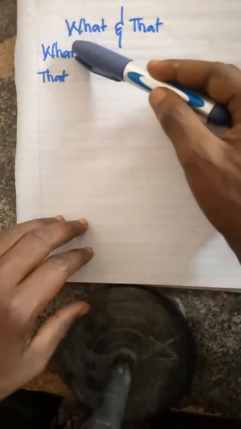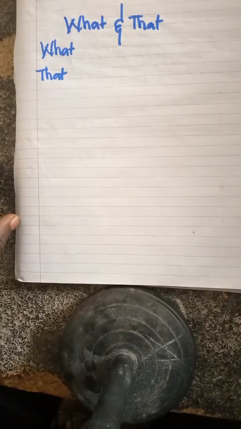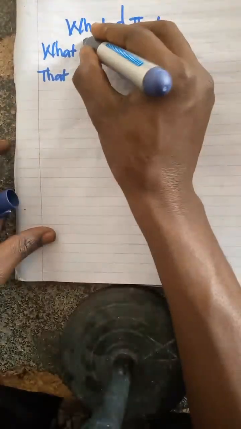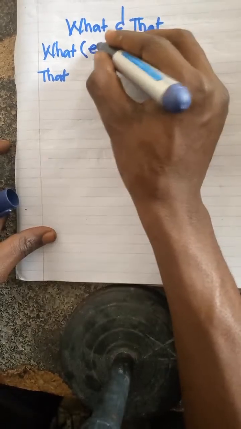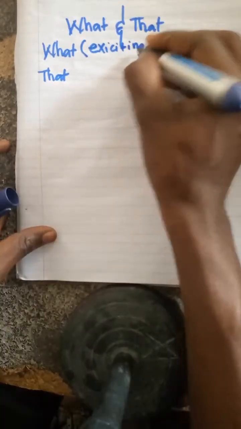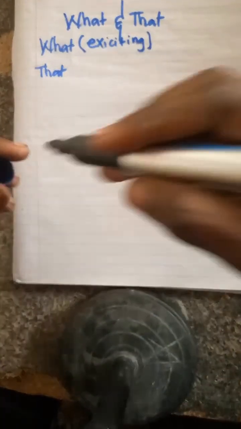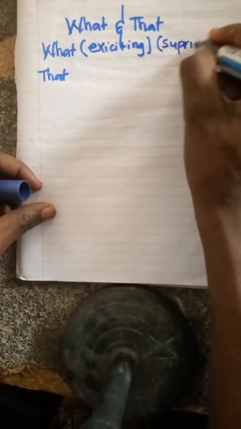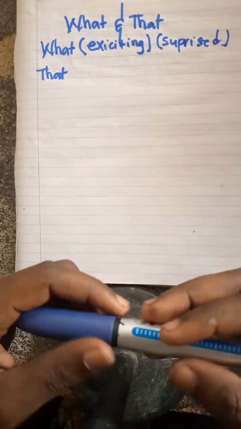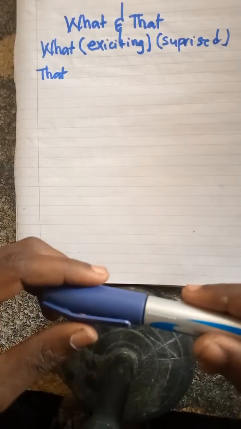When we handle a rewrite which starts with what, the first key thing to understand is that it mainly focuses on excitement, and apart from excitement, also surprise.